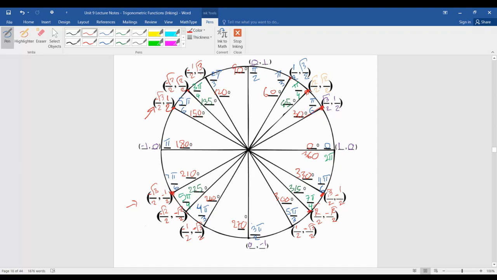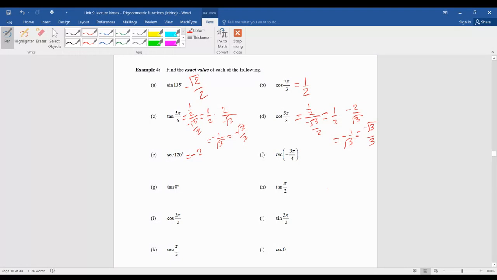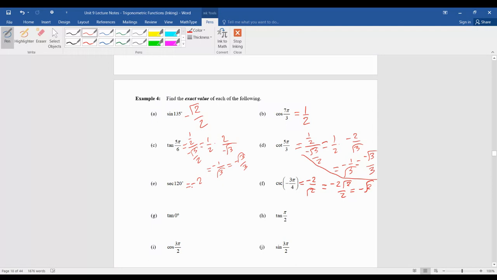We take the reciprocal, which is negative 2 over root 2. And then we rationalize and simplify. So it will be negative 2 root 2 over 2, which is negative root 2.